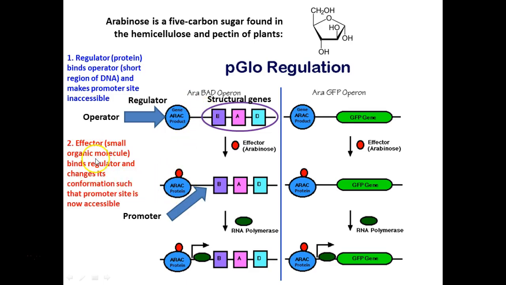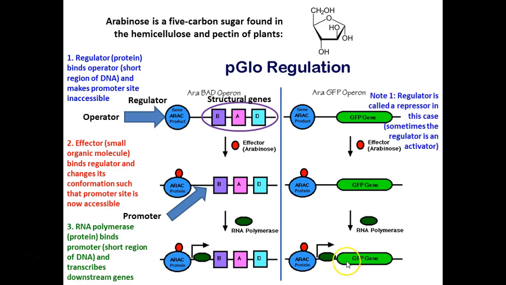The effector is a small organic molecule that binds, right? In this case, that's the arabinose that's going to bind. And it's going to make the promoter site accessible, right? RNA polymerase binds to the promoter, goes down and copies those structural genes. In the case of the pGlo system, it's going to make green fluorescent protein, right? The messenger RNA to make green fluorescent protein.